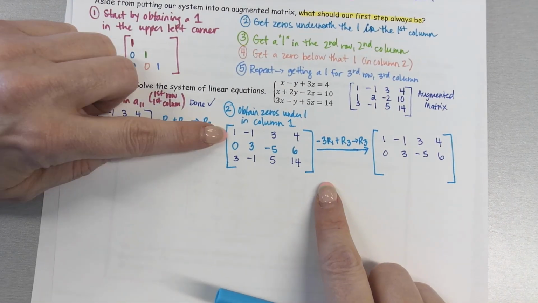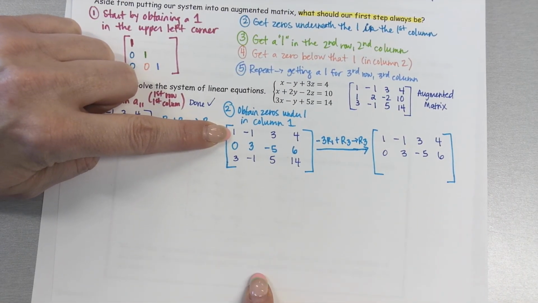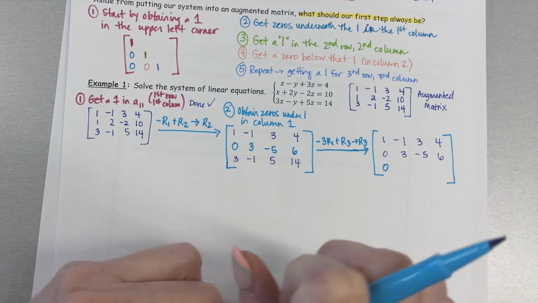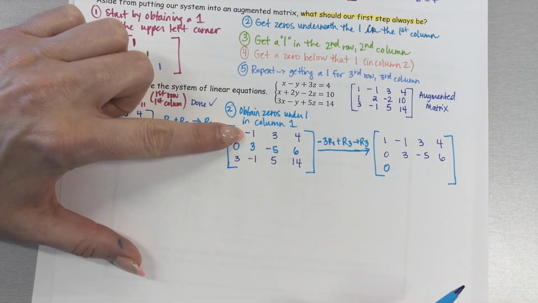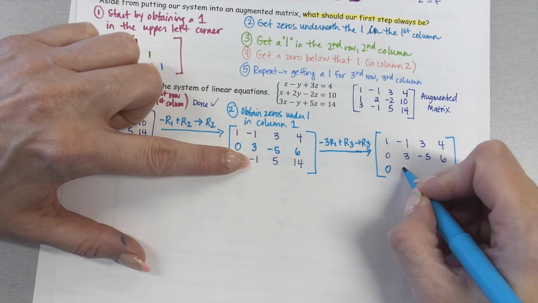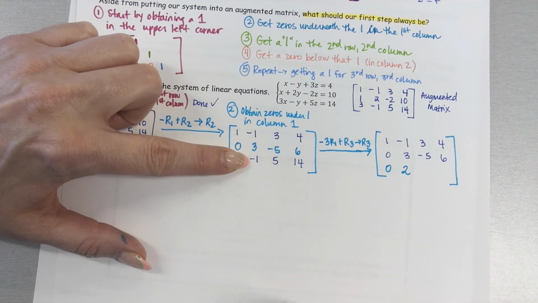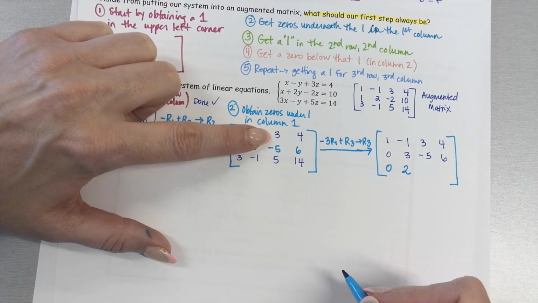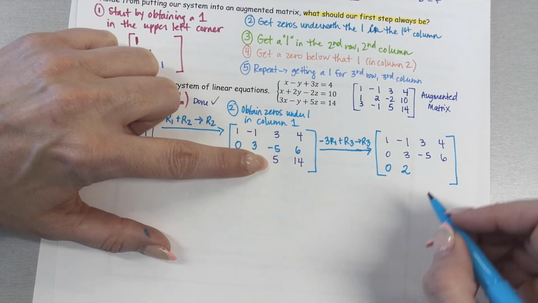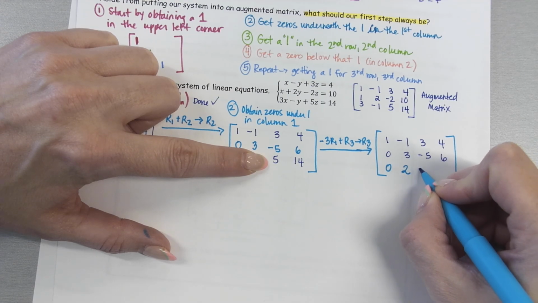Okay, so -3 times 1 is -3 plus 3, 0. -3 times -1 is 3. 3 minus 1, 2. -3 times 3, -9. -9 plus 5 is -4.